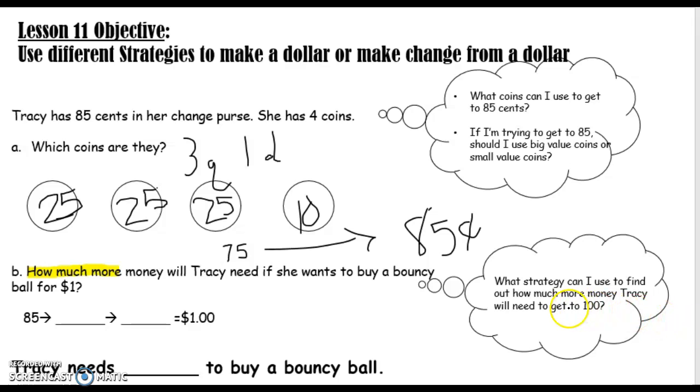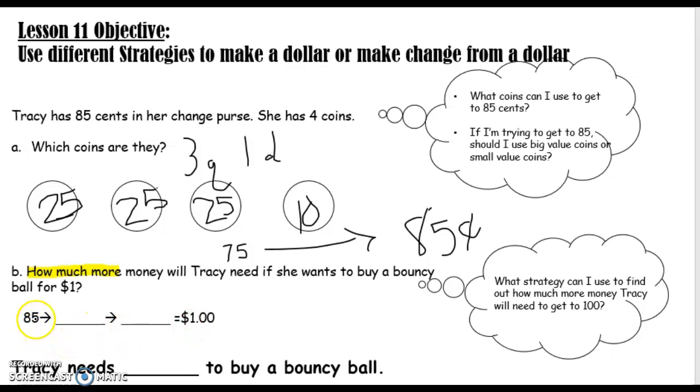Okay, we are back, and the strategy that we're going to use is the arrow way. Here again is your thought bubble. What strategy can I use to find out how much more money Tracy will need to get to 100? We are using the arrow way today. And so this is pretty easy.